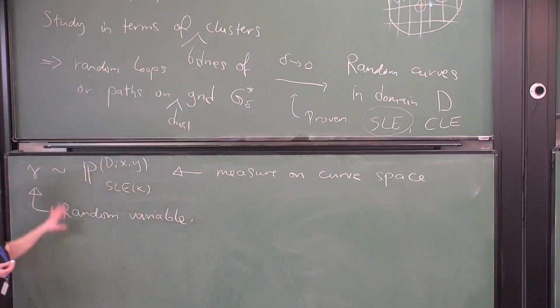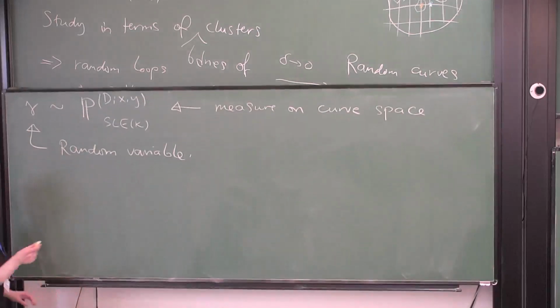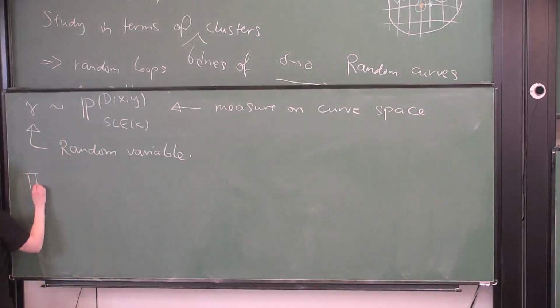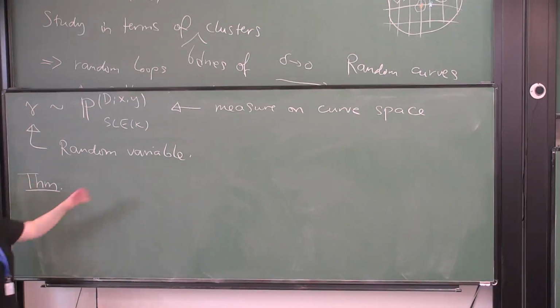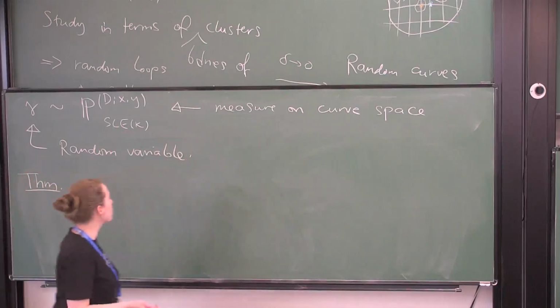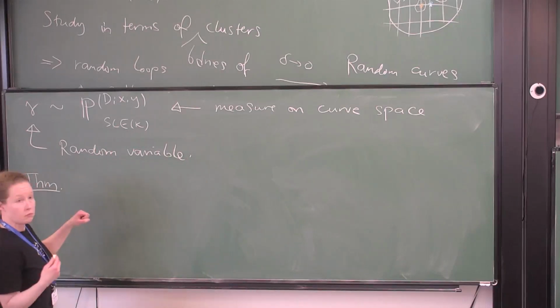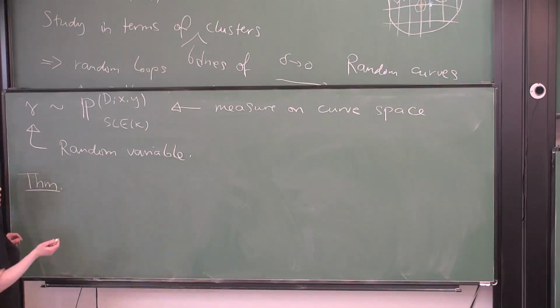What I need to know is what this measure is. And the upshot, which I think is reasonably natural from these ideas about interfaces from the Ising model, for example, is that those kind of properties should hold. And then there's some work to do.